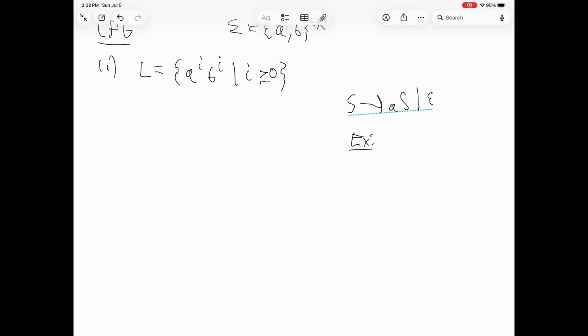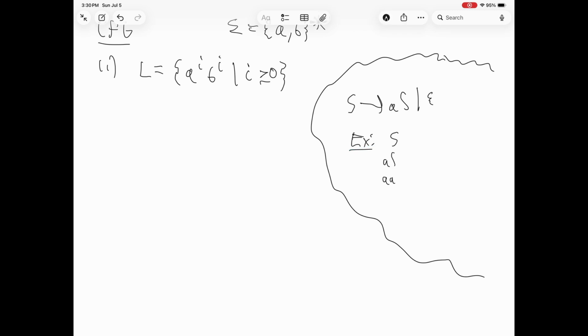An example of a string in a language that I made, which doesn't solve the first problem by the way, is just its own little thing so we get used to my writing style. We start with S, we go to AS, AAS, AAAS, and maybe we terminate on the last one, AAA epsilon, but epsilon is really the empty string, so it's really just AAA.